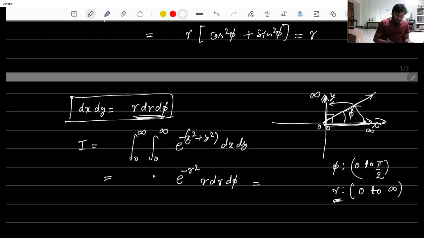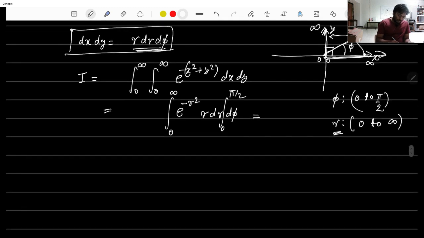So for phi it is 0 to pi by 2, and for r it is 0 to infinity. Good. And this is I. Now e to the power minus r square, and the integration of phi from 0 to pi by 2 will become pi by 2, and this is r dr, correct.